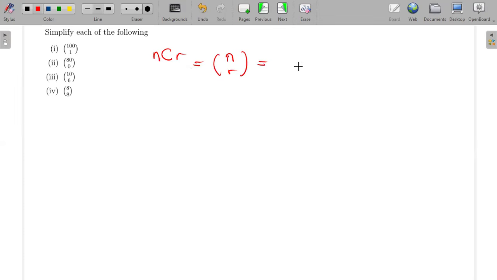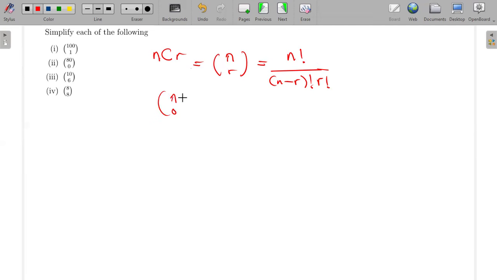By definition, this is n factorial divided by n minus r factorial, then r factorial. So this here is n choose r.